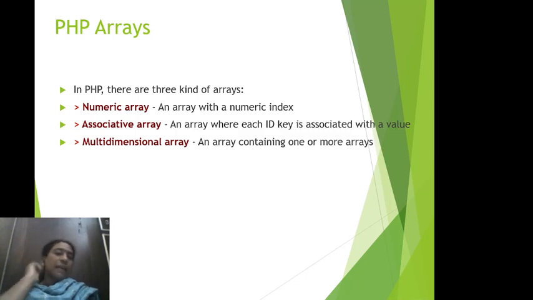We have three types of arrays: numerical array, associative array, and multi-dimensional array. A numerical array stores only numerical indexes. In an associative array, each key is associated with a particular value. A multi-dimensional array contains one or more arrays.